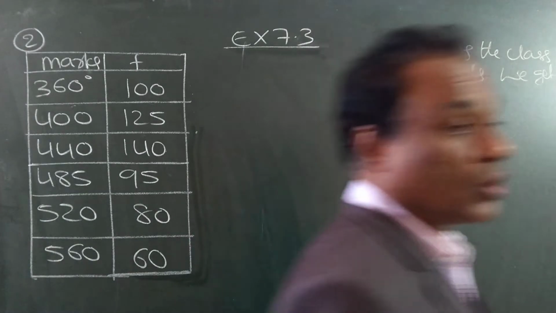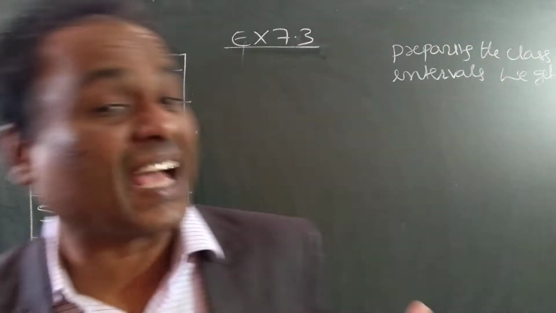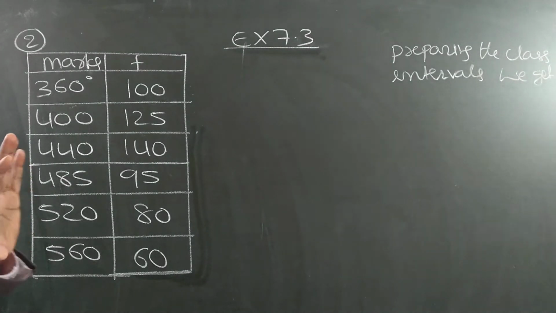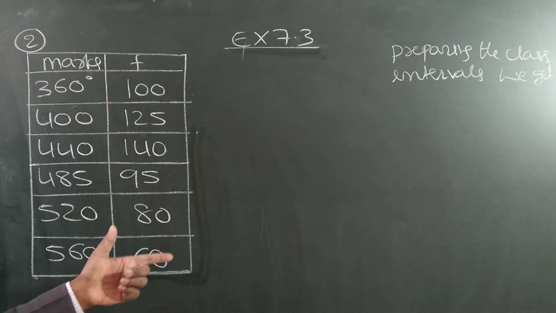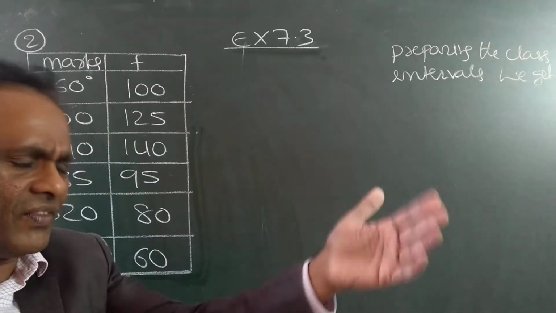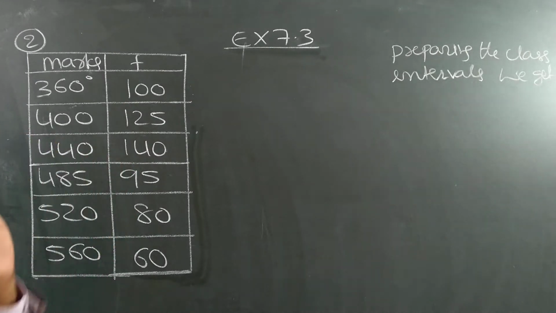Just remember the histogram. Histogram means we have to take the class intervals and frequency. Because class intervals are not given, frequency is given, we have to first prepare the class intervals. I will explain that histogram later. Already we solved 2 problems, but again I will explain. That you remember.